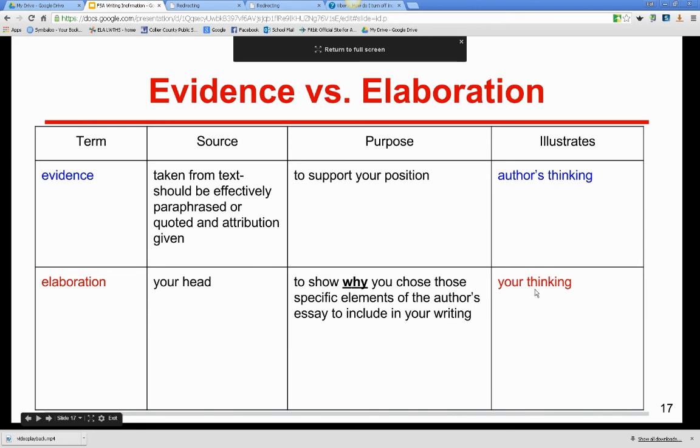And so it illustrates the student's thinking. And this is the part that seems to be a problem for our students. We're getting very good at pulling textual evidence from the text. That seems to be moving along very nicely. The elaboration piece is where we need to be helping students.